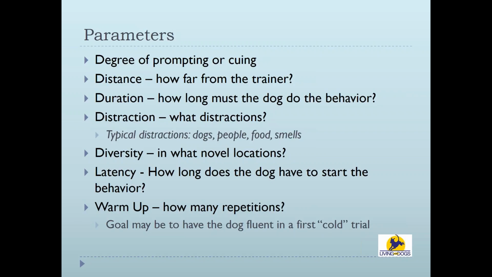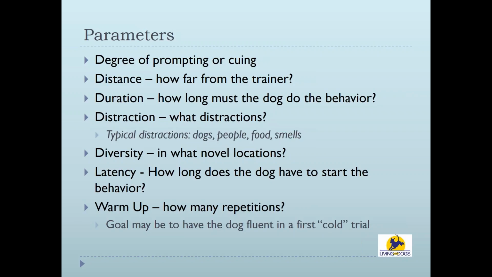Another one is latency, which means, if you say push, how long does the dog have to start pushing? Maybe you want to have it immediately in some cases. In other cases, you might want to have a slower latency. Although in sports, especially time sports, we tend to want immediate response times.